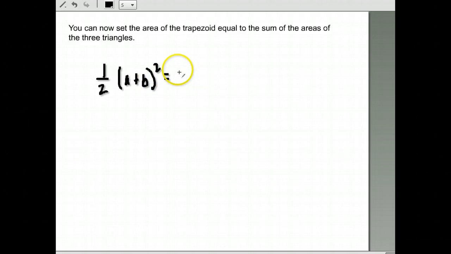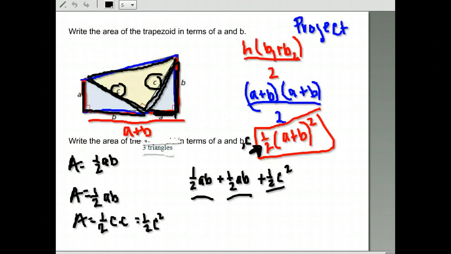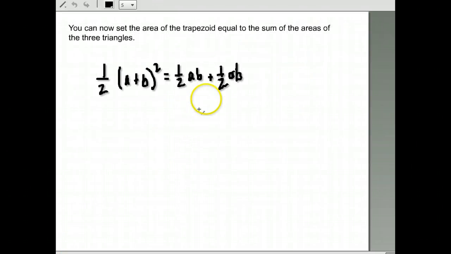I'm going to set that equal to the 3 triangles added together, so 1/2 AB, 1/2 AB, and something, what was the last one? 1/2 C squared. Alright, so we want to show that these 2 things are equal.